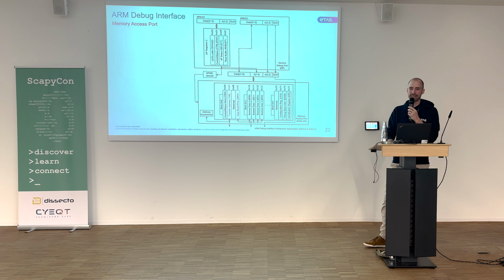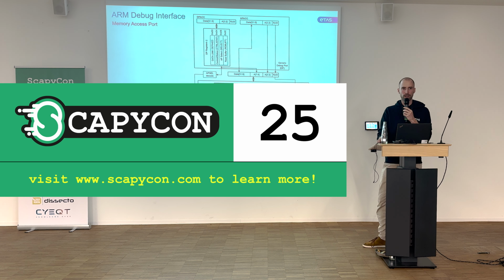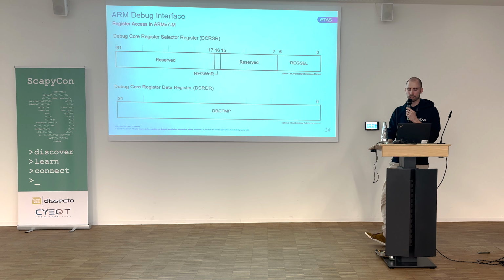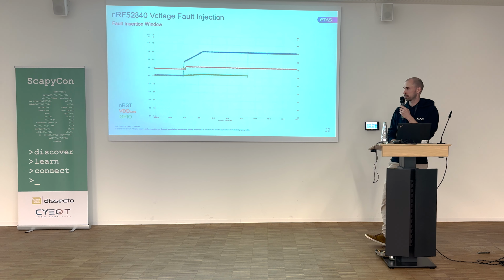The other thing that could happen is that when the glitch is too strong, then it just resets the chip, and then you don't see this nice example here where you have the glitch at some point, and although you have the glitch, you still see the chip boots normally.